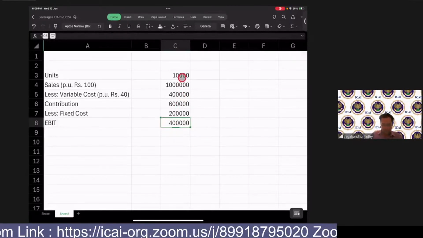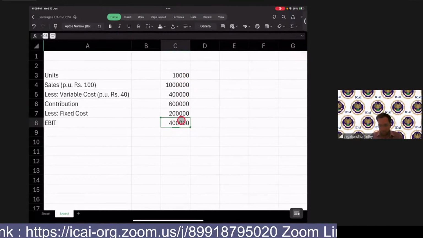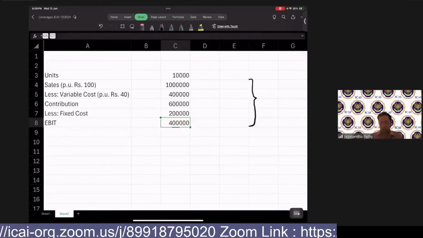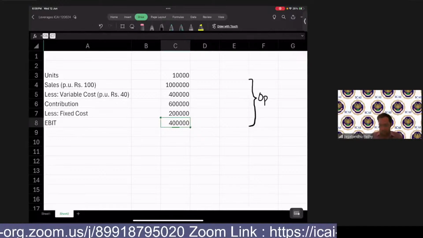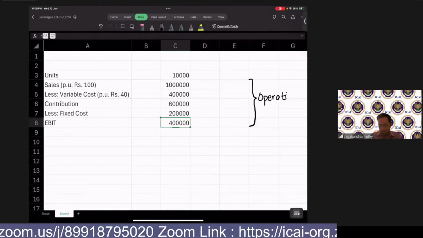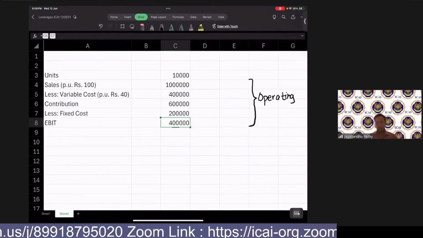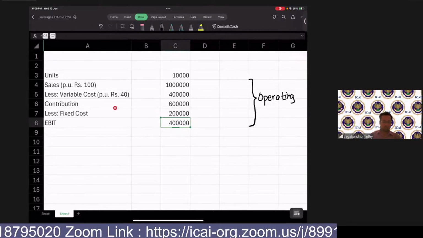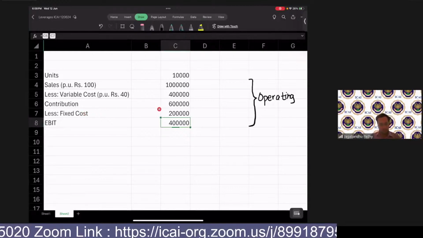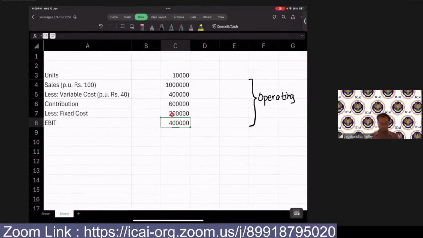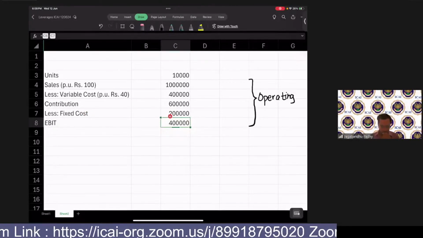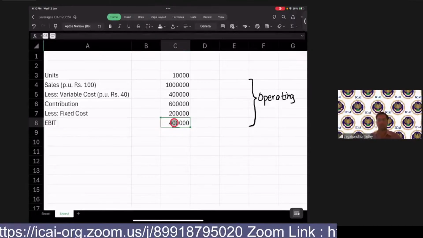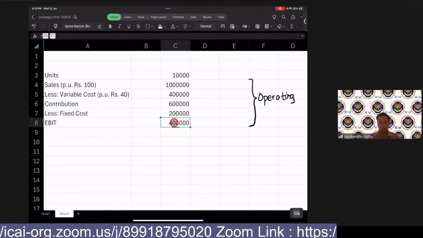Right? From sales till your EBIT, the entire part is an operating part, because you get your EBIT figure based on the decisions you have taken, as to what will be the amount of fixed cost. So as the fixed cost changes, you get this. Whatever result you get in your EBIT is a result of the operating decisions.